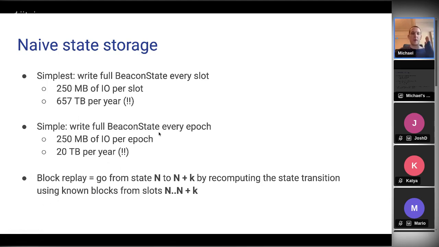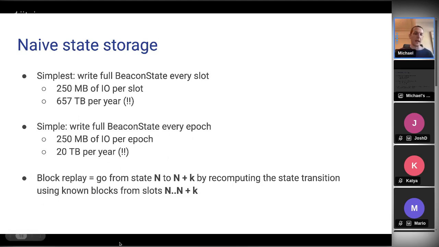You might have stored the one from slot 32, but the current chain is at slot 36. So how do I get back to slot 36 after I shut down my node and start up again? The answer is that you can replay the blocks. If you've got the state at slot 32, you would apply the blocks from 33, 34, 35, 36, and then you would have the state at slot 36.